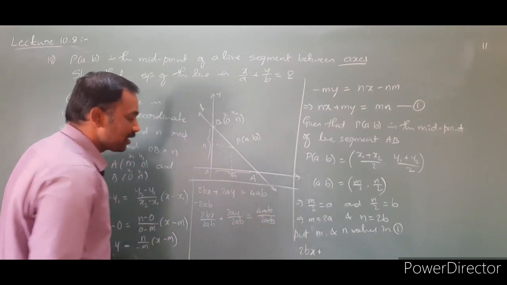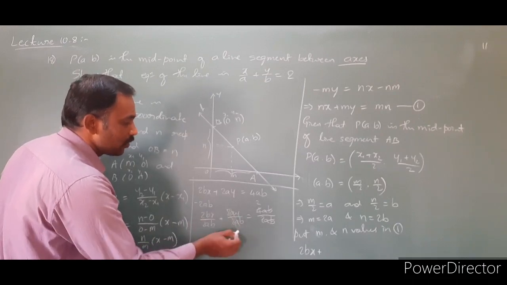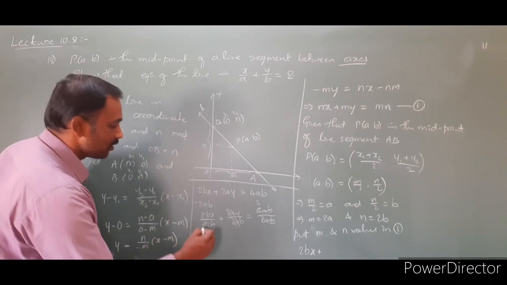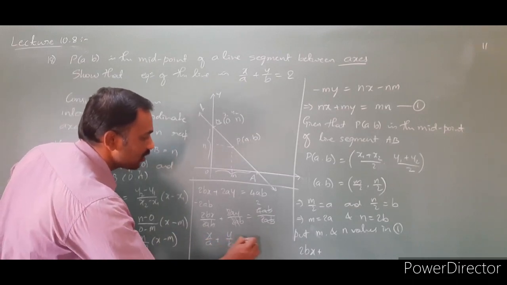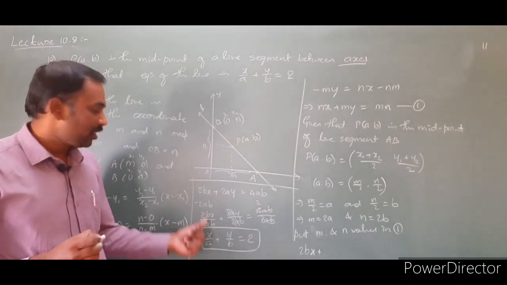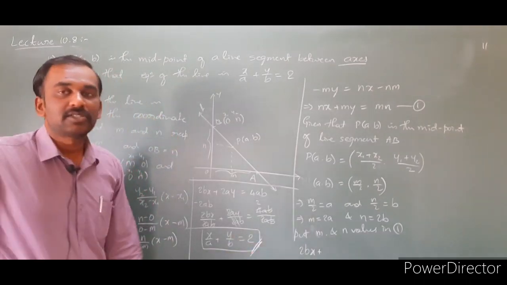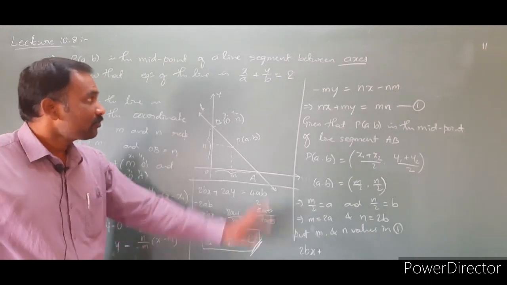Here ab gets cancelled, 2 and 2 cancel. Here 2a gets cancelled, here 2b gets cancelled. What is left? x divided by a plus y divided by b is equal to 2. Hence the solution. Have you got it? x by a plus y by b is equal to 2. This we got as the required equation of the line.